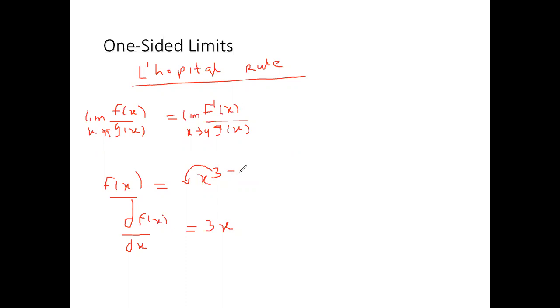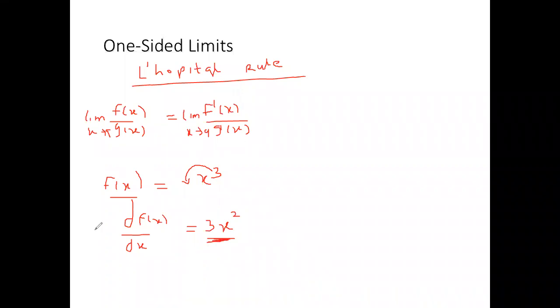So the power there was 3, we'll subtract 1 from it, that should give us 2. So this gives us the derivative. So that is how you differentiate a polynomial. Good. So with this rule, we are going to try the first example.